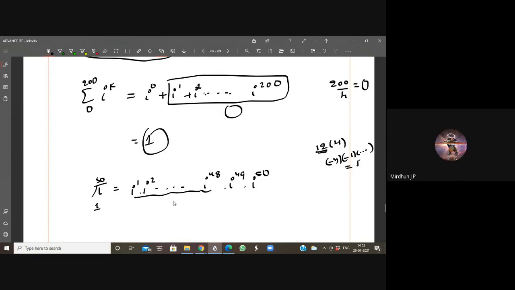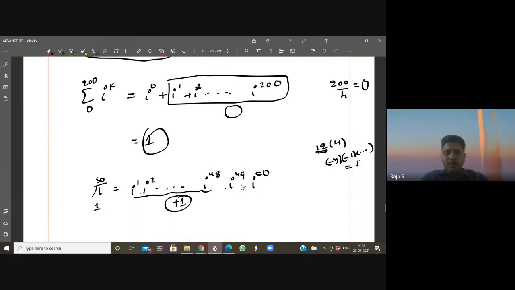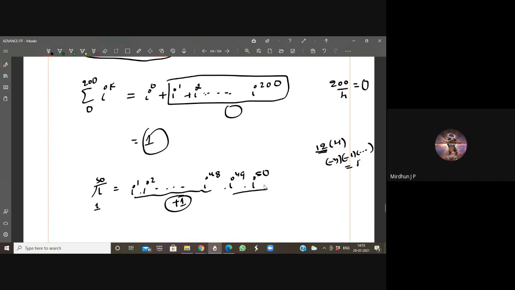A student has a doubt: you said i into i squared into i cubed into i power 4 is minus 1, but it should be positive one?